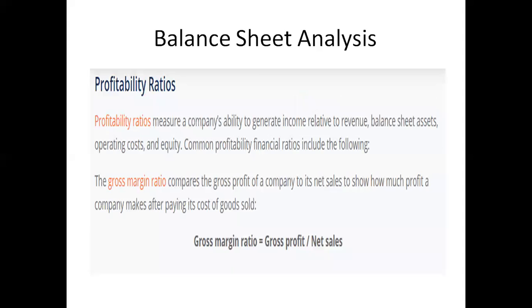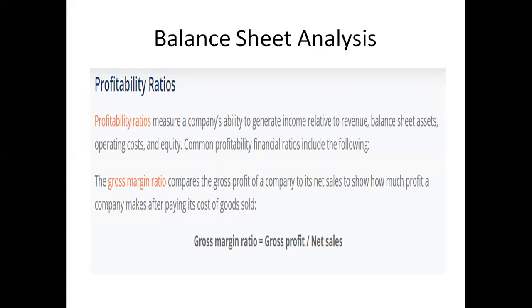We also have profitability ratio. The profitability ratio measures the company's ability to generate income related to revenue, balance sheets, and operating costs, and it is generally divided into two parts: the gross margin ratio and the net margin ratio. It is how much of the gross and the net profit the company is able to retain.